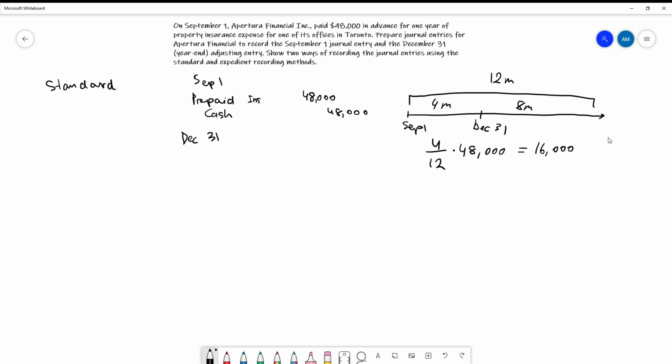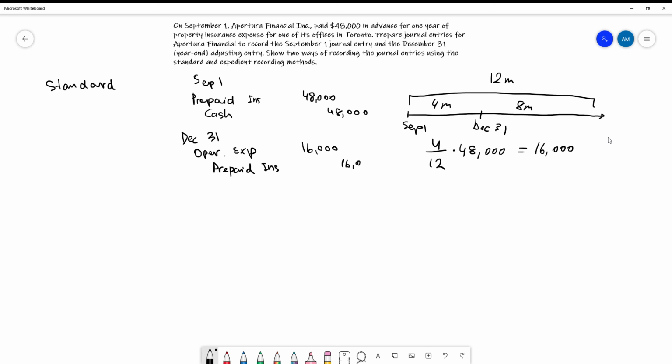So we will have this expense, called operating expense, of $16,000 for the 4 months, and we will have another entry, which is prepaid insurance, where we credit $16,000 that was used in the past 4 months by December 31st.